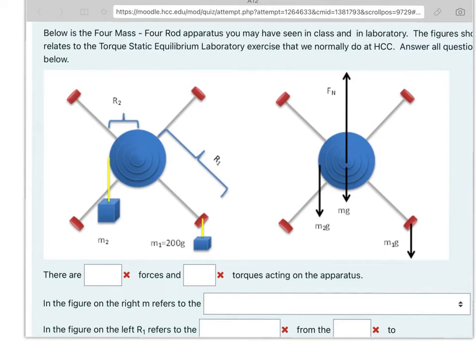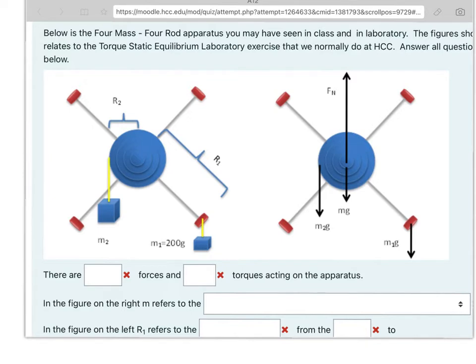Then the next thing is we do a free body diagram. Well, I've given that to you so you don't have to do it, but you would draw what you see here, and you would just draw it schematically if in fact you were drawing it by hand. And in a free body diagram we put down all the forces. Well, there were only two torques, but there were actually four forces.